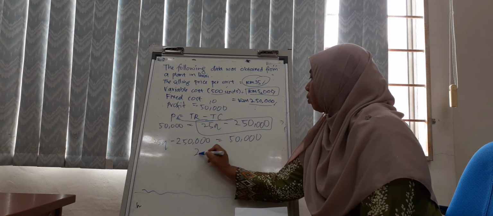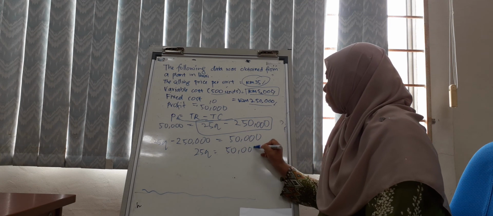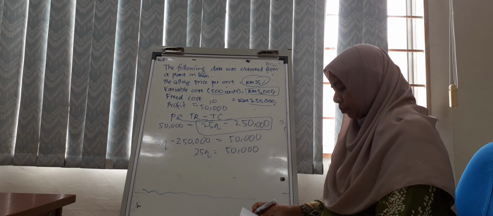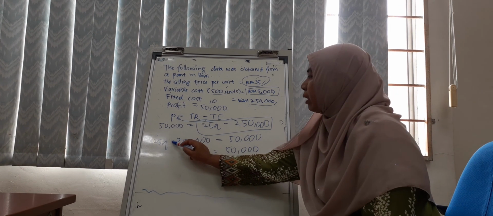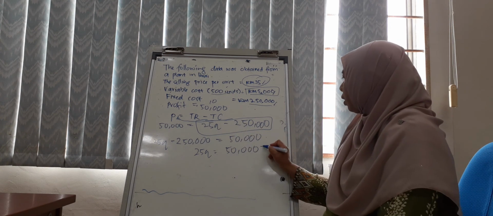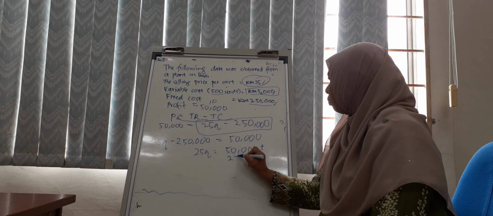So 25Q minus 250,000 equals 50,000. This one is minus, you bring it here and it will be positive 250,000.